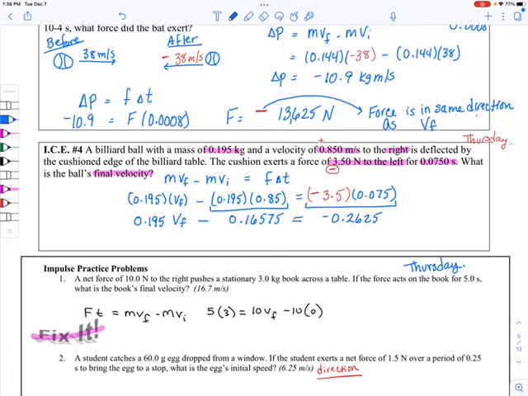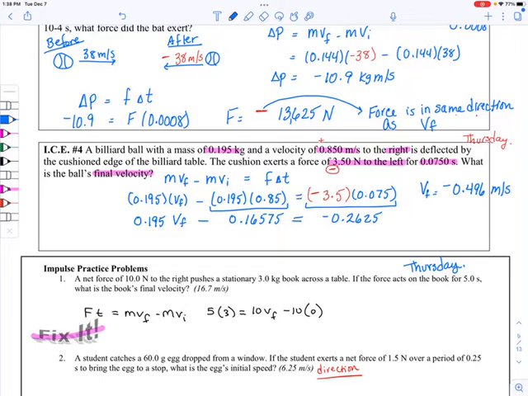Go ahead and pause the video here, do your calculation, do the right thing so you can learn, and then replay the video to see if you got the answer correct. The answer is, v final should equal negative 0.496 meters per second.